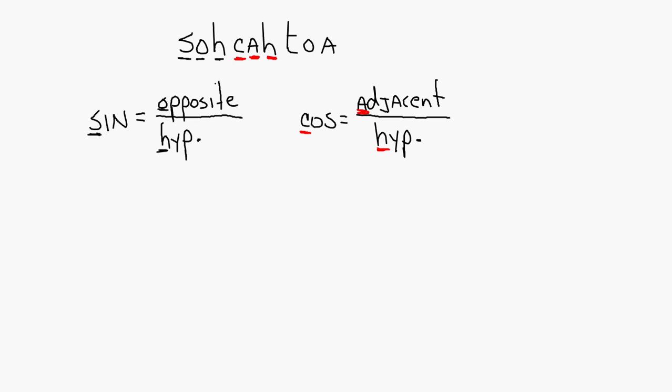The TOA, tangent of an angle, is equal to the length of the side opposite the angle divided by the length of the side adjacent to the angle.